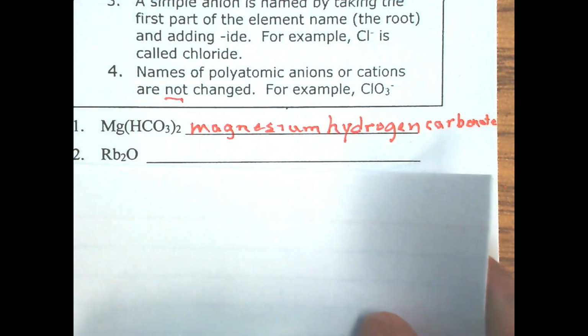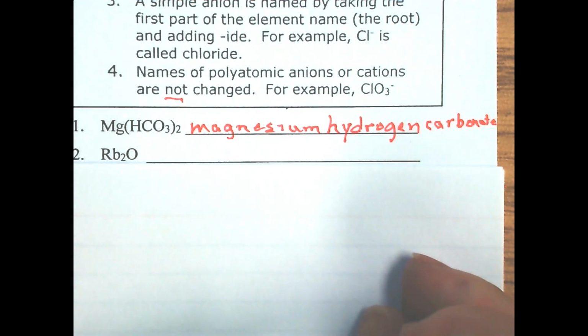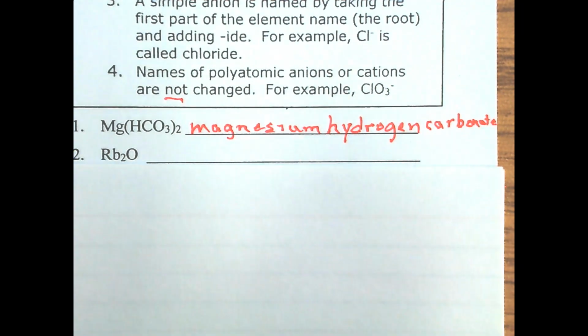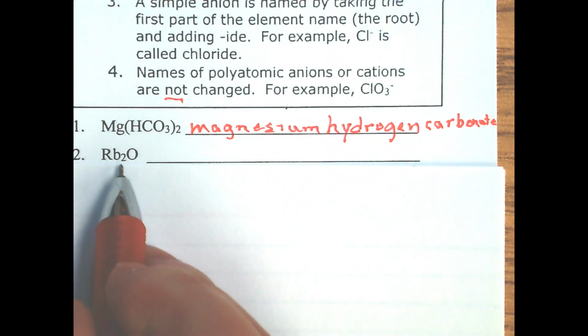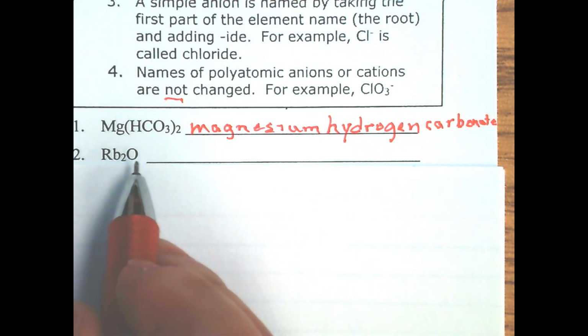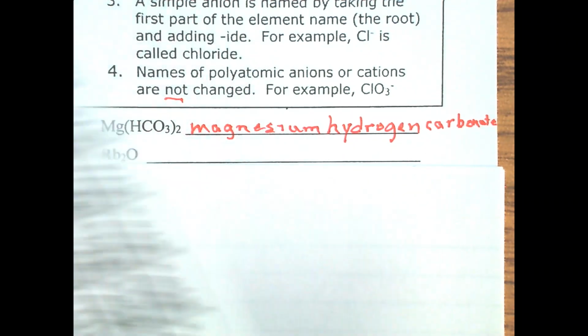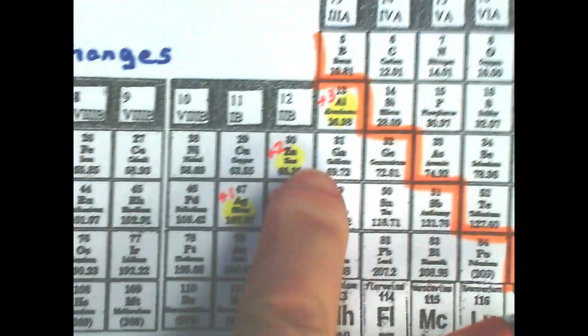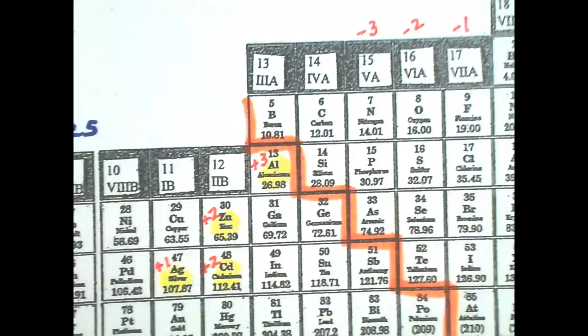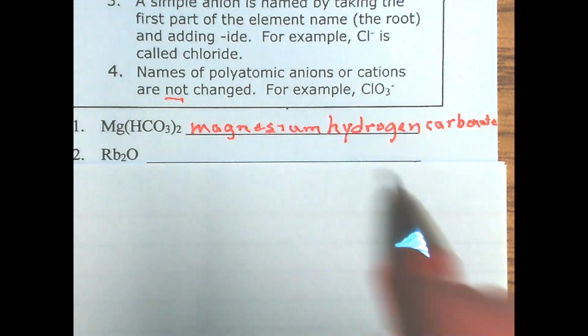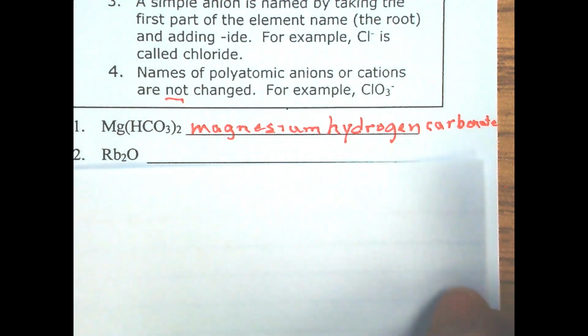The next one, okay, rubidium is a metal. Now, I am not going to say dirubidium. If it's an ionic compound, you never use Greek prefixes. The only time you use Greek prefixes is when both of these are nonmetals. So if just one of the elements is a metal, you never use the Greek prefixes. So this is not going to be dirubidium. It's just going to be rubidium, no Greek prefix.